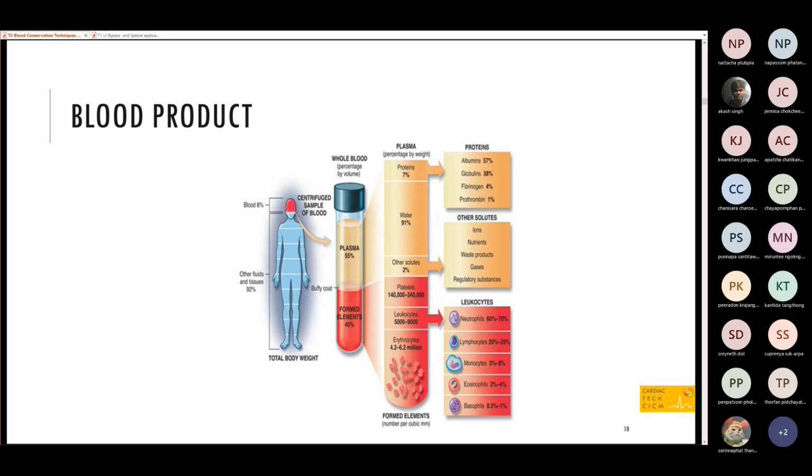So again, I would like to remind you about blood products. If we take fluid from our vessels, it's going to separate into many layers, from red blood cells to plasma.